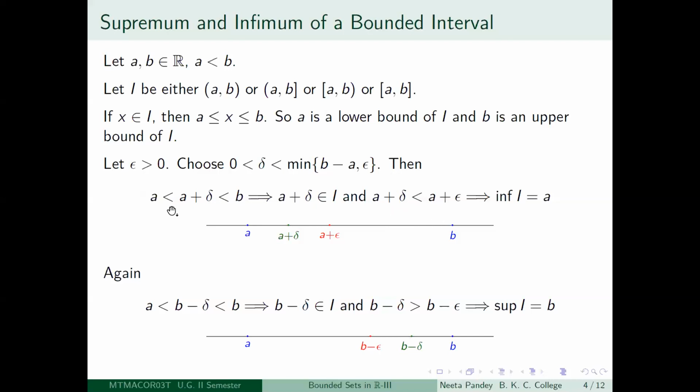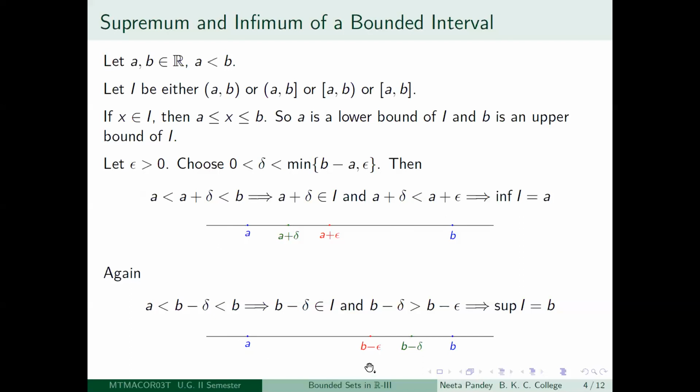If you increase a to a plus epsilon, then you will be able to get an element of the interval which is less than a plus epsilon. Hence, a plus epsilon will not be a lower bound of the interval, and hence little a is the greatest lower bound. I hope I have made it clear.